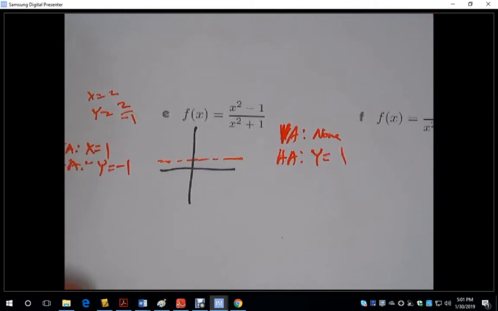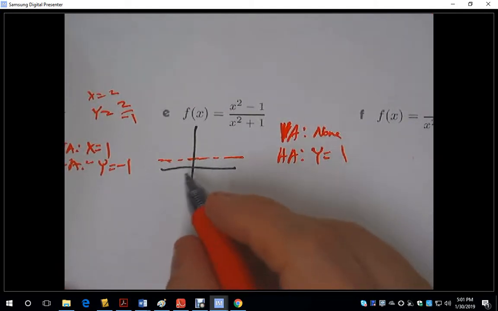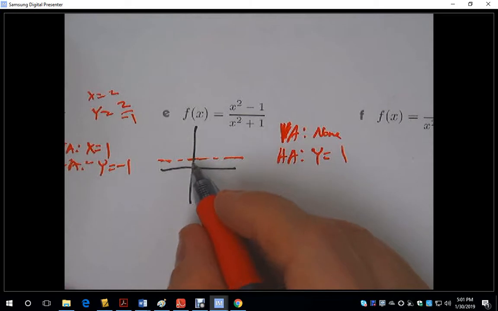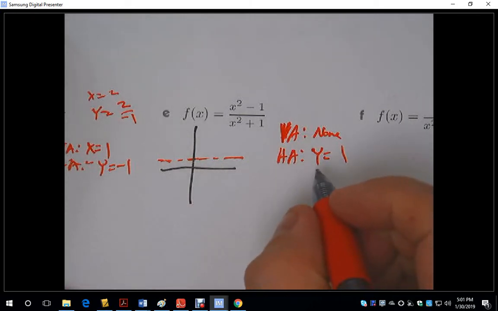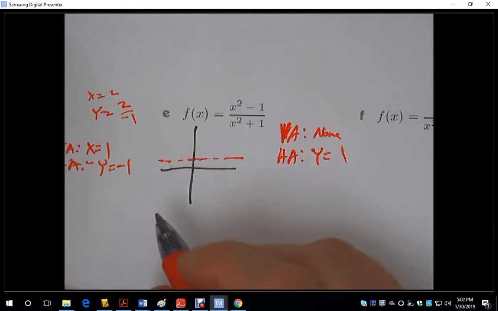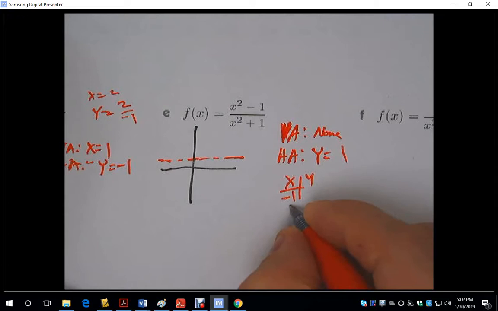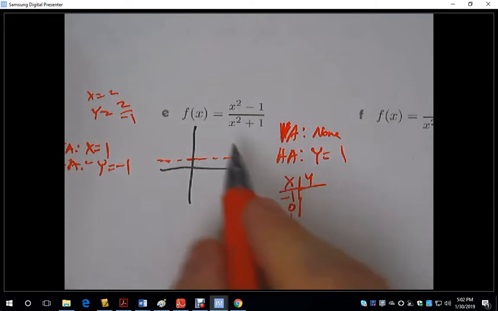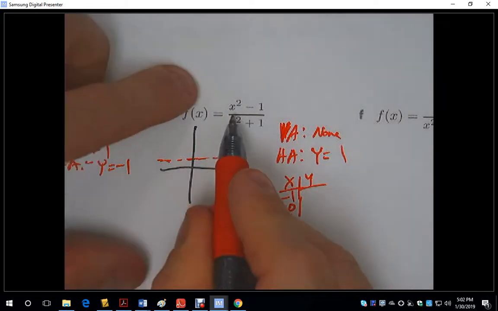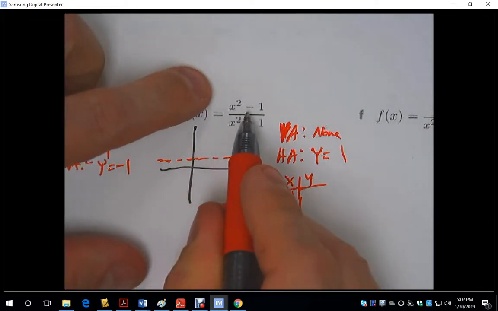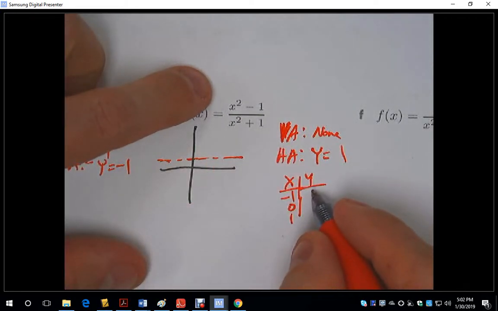Now this is going to be a little bit harder because I don't know what this graph looks like. I mean, there is no vertical asymptote, but I'm going to converge on this line. So let's just throw in some values. How about negative 1, 0, 1? And we'll go from there and see if that helps. So if I plug in negative 1, then negative 1 squared is 1. 1 minus 1 is 0. So that's going to give me 0 over 2.